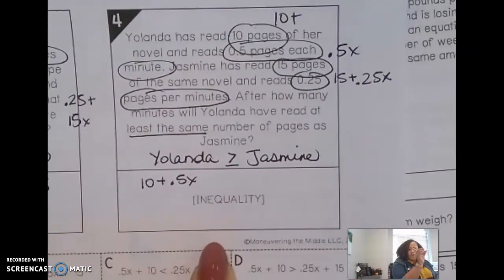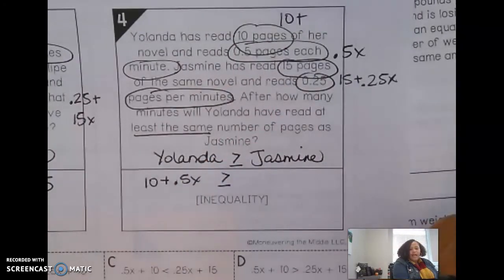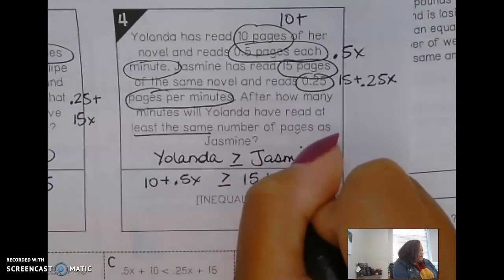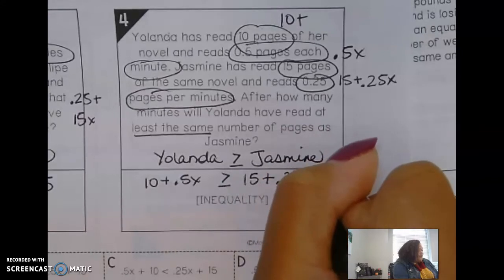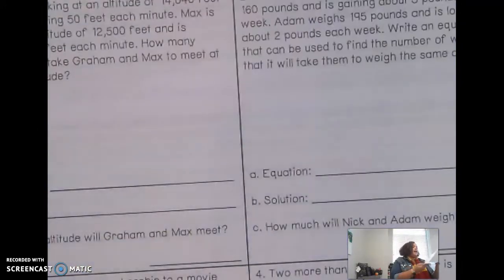So be careful. Watch your coefficients and your constants. And I want her to be greater than or equal to Jasmine, who is 15 plus 1/4 x. I see what they did there. They're trying to trick you with 3 and 4. Okay. On to number 5.